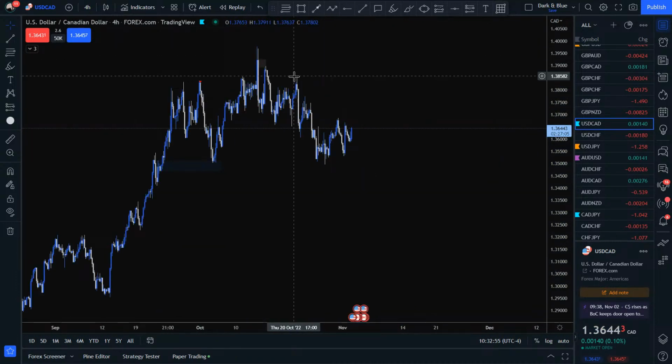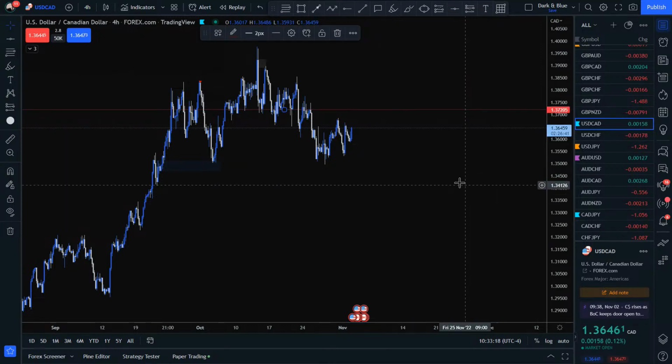Price is moving a little sideways. It's bearish, right? But it's moving kind of sideways, and you're asking about 1.372. Let me see where that is. Why is that number ringing a bell for some reason? What's the chance that price will reach that?